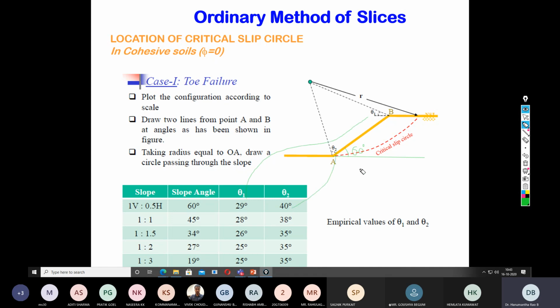This is again simple mathematical jugglery. You can look into it. If your slope is 1:1, that is 45 degrees, then theta 1 becomes 28 and theta 2 becomes 38. When people have recommended different values of theta 1 and theta 2, it means they might have made several trials to arrive at them. So you have to assume that these were proposed based on their experience or practical trials.